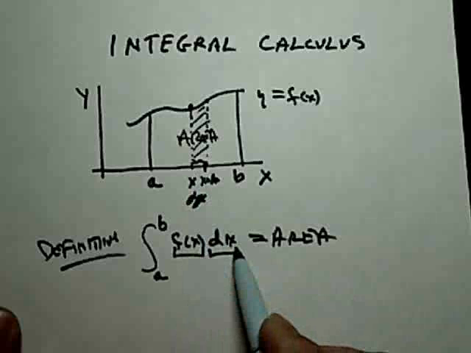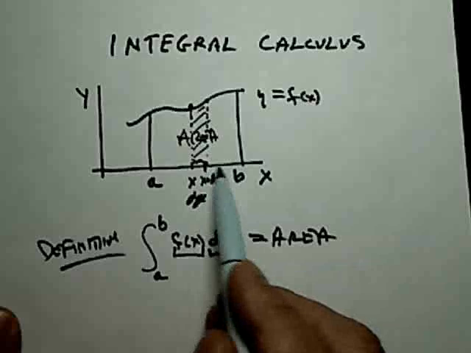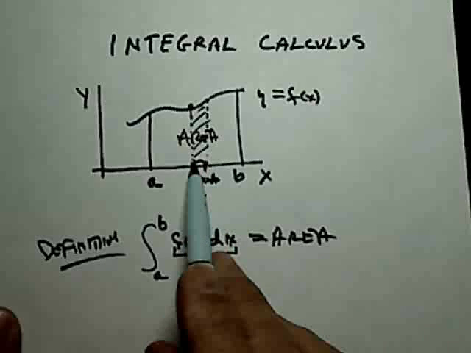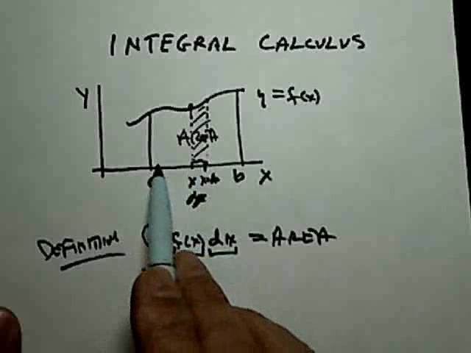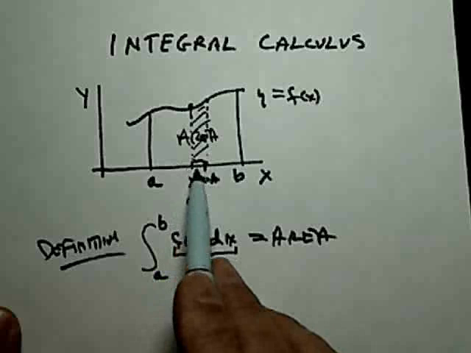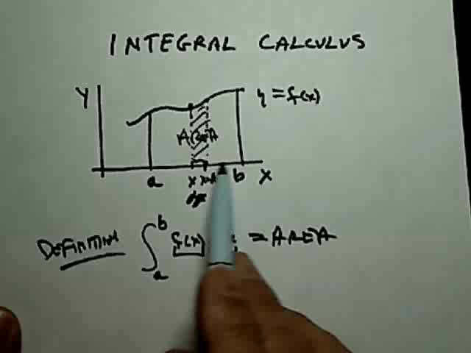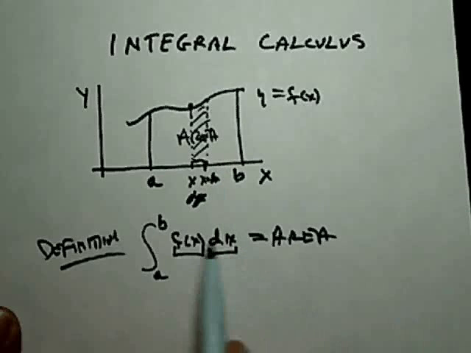So if you multiply them, this would be the area of that little sliver of a rectangle. Now, if dx is really, really small, that's a very narrow rectangle. And if you divided this into 1,000 subintervals, so that dx was 1/1000th of the interval from a to b, then you'd have 1,000 of these little rectangles, and what you're really doing is adding them up.